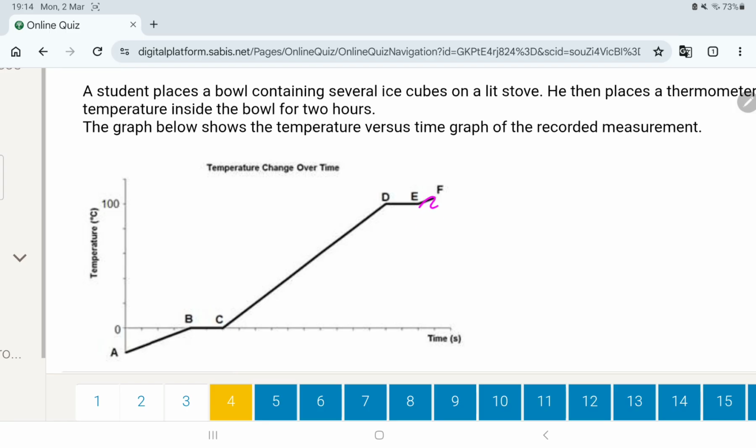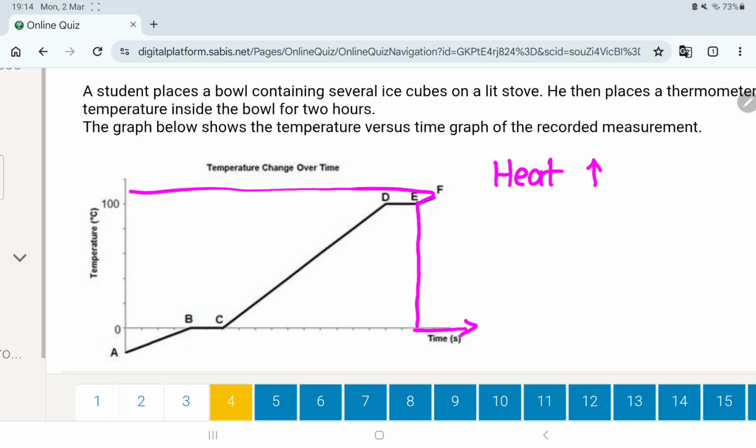Watch this carefully. The time is increasing, and the temperature is also increasing, right? Then we said that when the temperature or heat increases, what happens to the particles? The particles move faster, right?